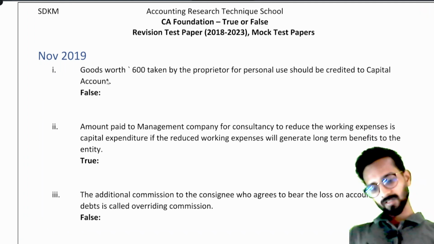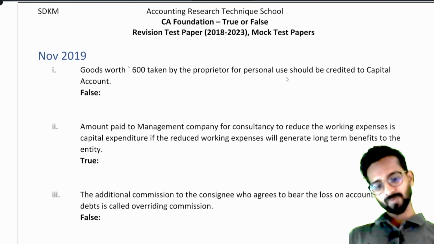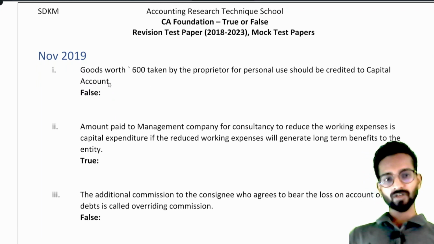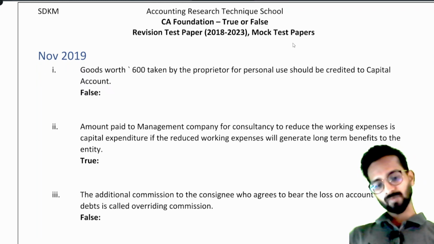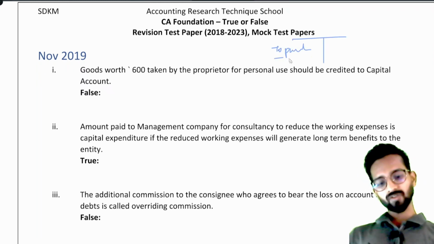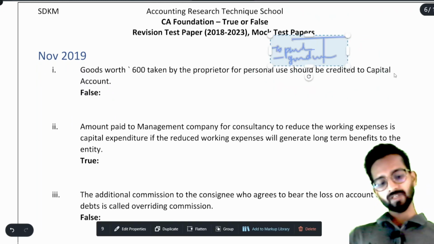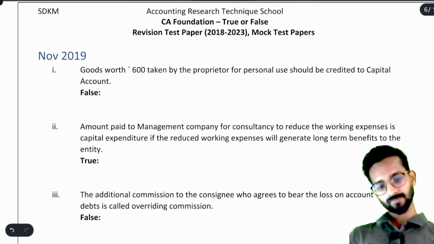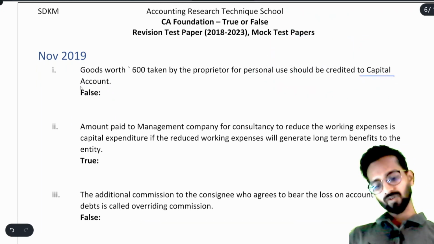That is, first question says, goods worth 600 rupees taken by the proprietor for personal use should be credited to the capital account. See, you cannot credit it directly to the capital account. First, you have to debit it to drawings and then credit to purchases. If you remember, in trading account, when you used to write it to purchases, from here you used to remove goods withdrawn by the proprietor. Okay, the entry we pass here is drawings to purchases. So capital account will not be credited.